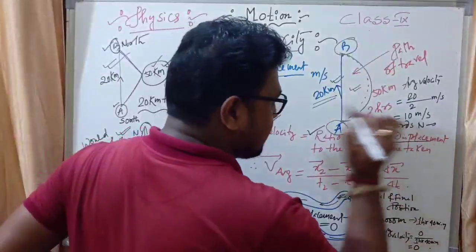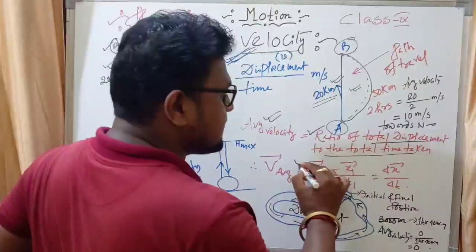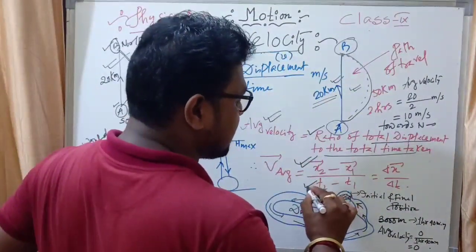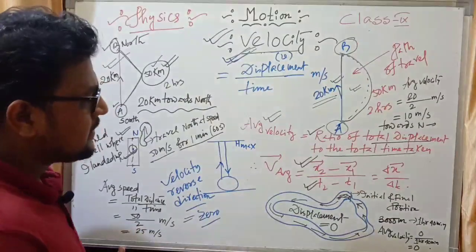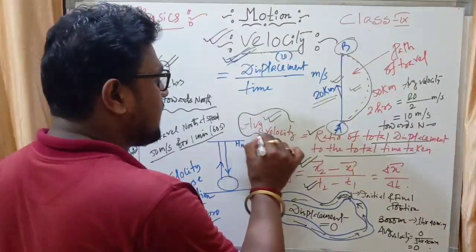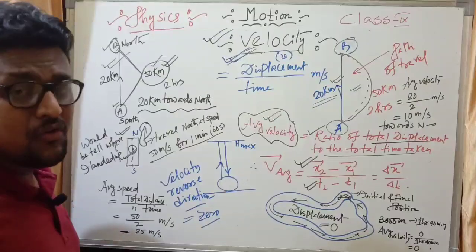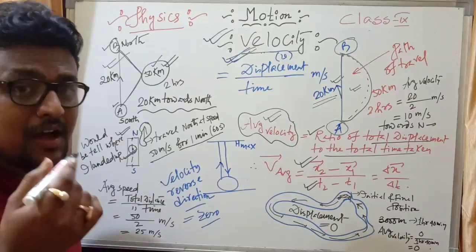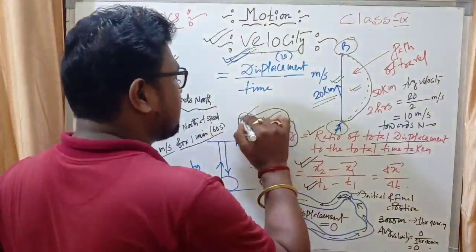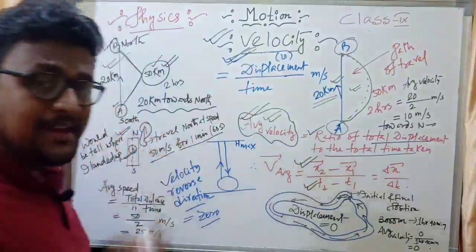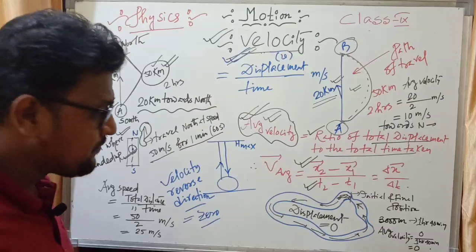It is the ratio of the total displacement to the time taken, that is the change in displacement upon the change in time, that is del x by del t. That is the main concept of average velocity. That means the ratio of total displacement upon total time taken is called average velocity when a proper direction is mentioned.